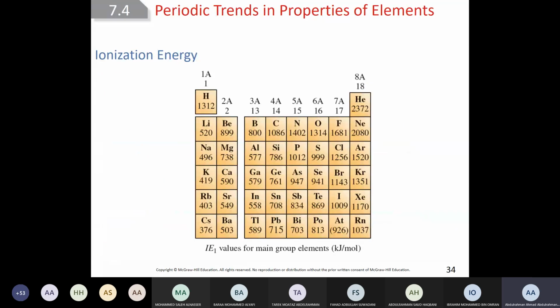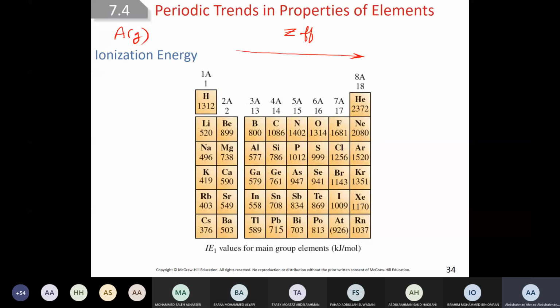Then we talk about ionization energy. These are the ionization energies. Again, generally, as you go across the periodic table, because of Z effective, what's happening to the ionization energy? First, let me ask you this: what's the ionization energy? Give me a reaction for the ionization energy. The amount of energy required to release one electron in gas state. Yes, it must be in gas state.